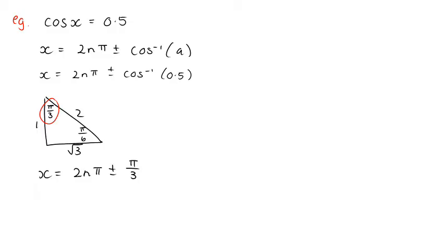Then all you have to do is simplify your fraction. We make a common denominator over 3, so that gives us 6n pi on 3 plus minus pi on 3, which is 6n pi plus minus pi over 3.